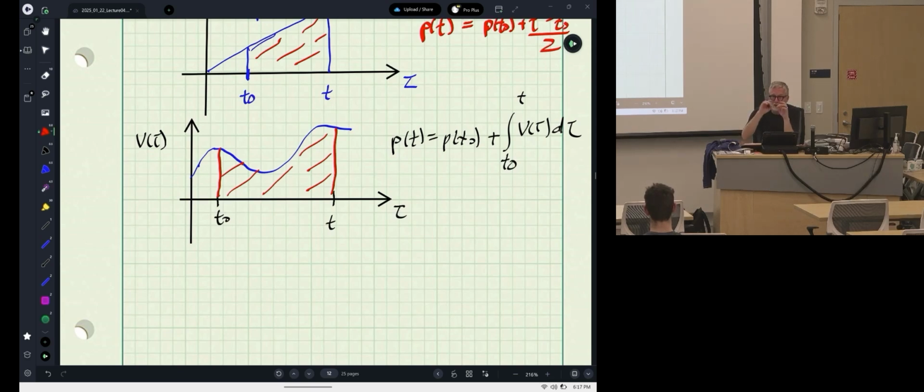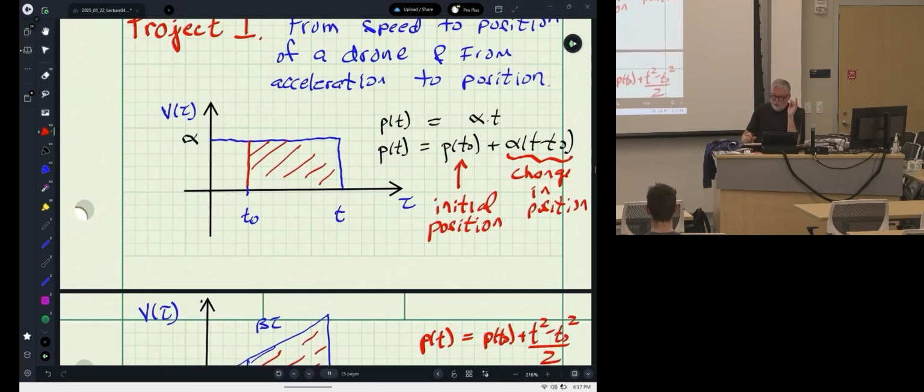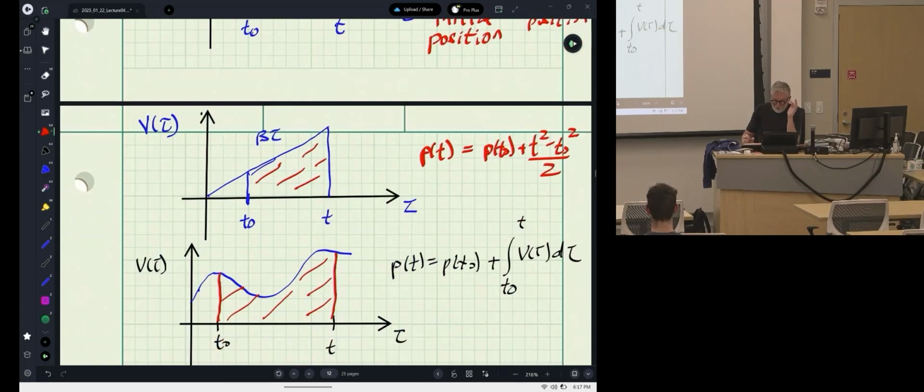Now, what happens when you integrate a constant acceleration? What do you get in velocity? When the acceleration is constant, what does the velocity look like? It looks like a triangle. And when you integrate a triangle, what do you get? Quadratic.